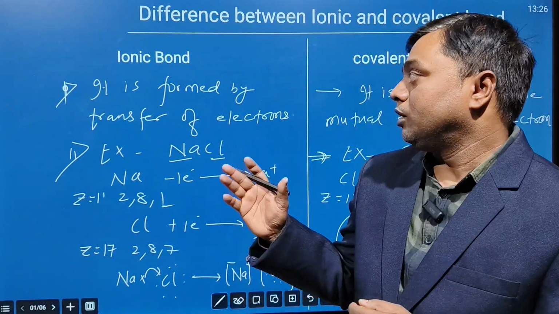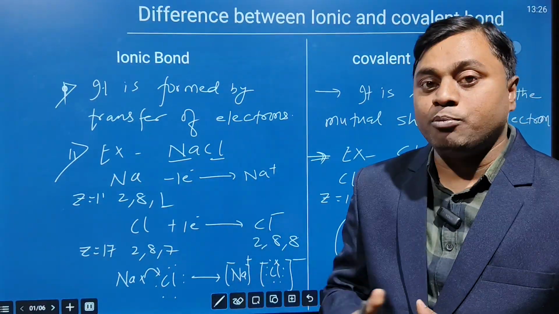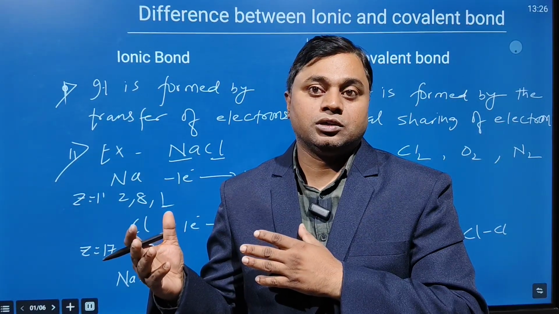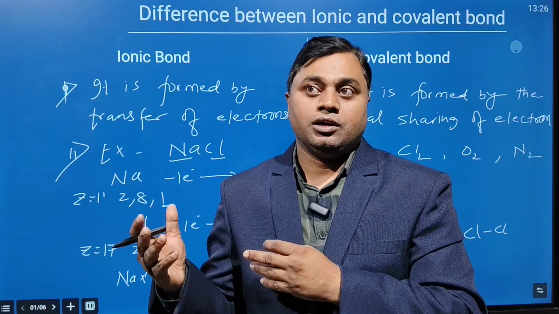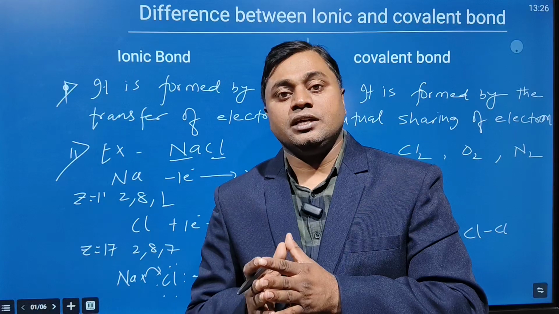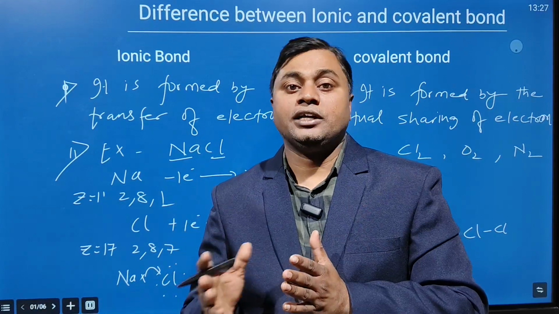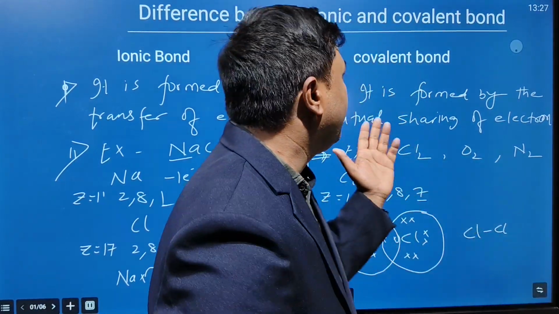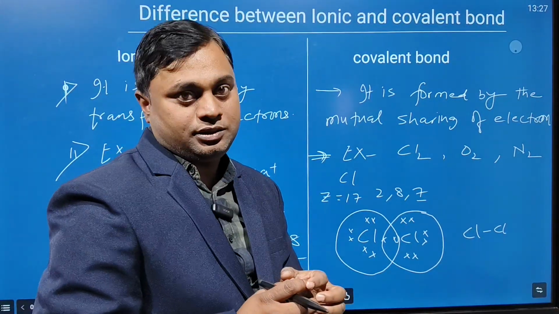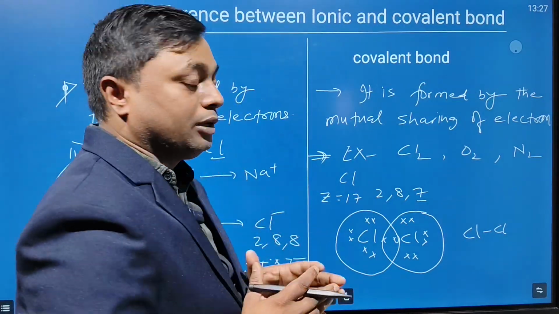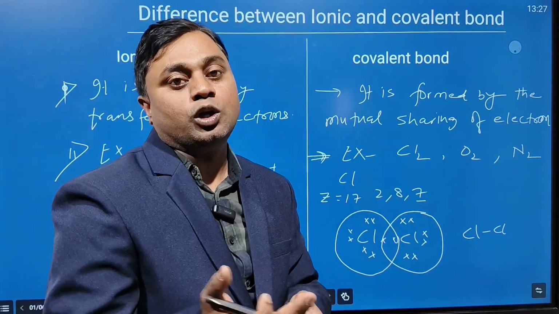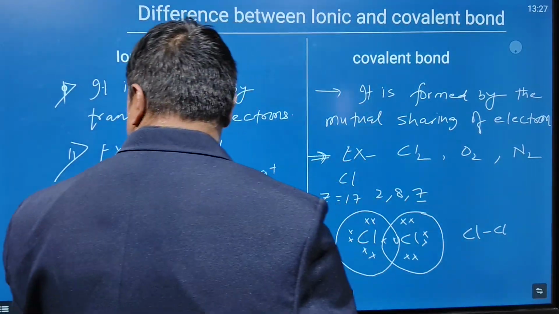Compounds formed by the ionic bond act as insulators in solid state, but they conduct electricity in molten or aqueous state, whereas compounds formed by the covalent bond are generally insulators. Ionic compounds are generally soluble in water, but covalent compounds are generally insoluble in water. So these are the differences we can write.